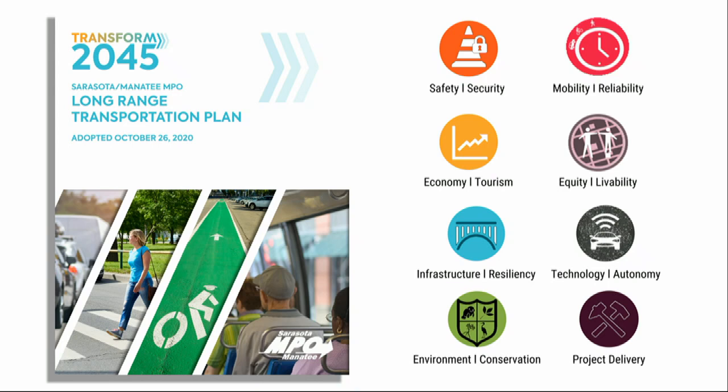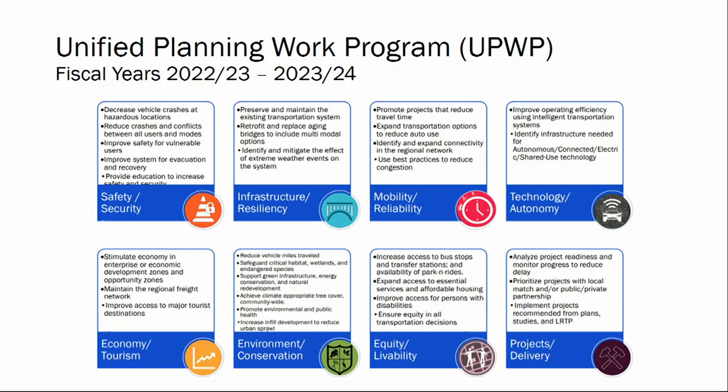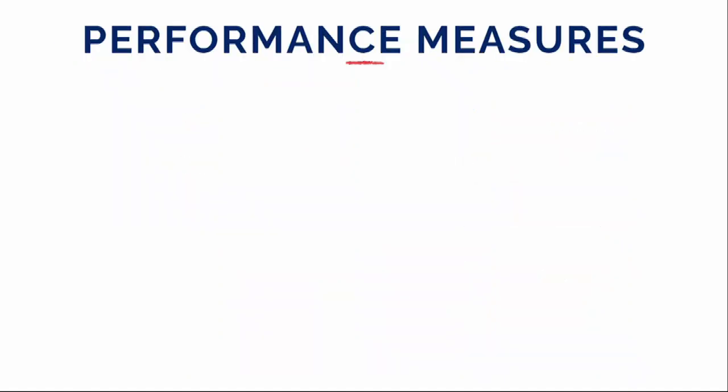We use lots of visualizations in our long-range plan to help people understand what these various things are. Here's where the various types of projects are listed in our Unified Planning Work Program, or budget, and we actually group them and tie them directly to implementing performance measures.